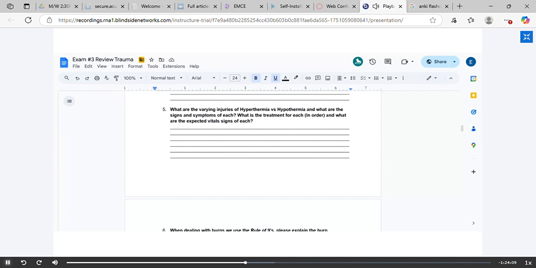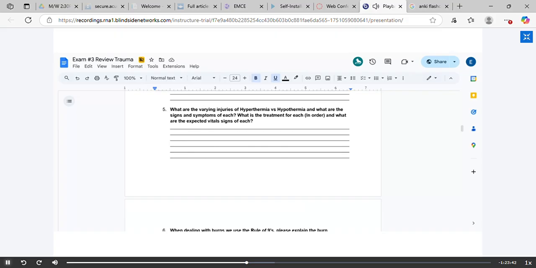So your mild symptoms are going to be when your core temperature is between 95 to 93 degrees Fahrenheit. This is your core temp. And remember, we should be 98.6, right? Textbook perfect is 98.6. But if we drop just a couple degrees, then you're going to start to see signs and symptoms of hypothermia.